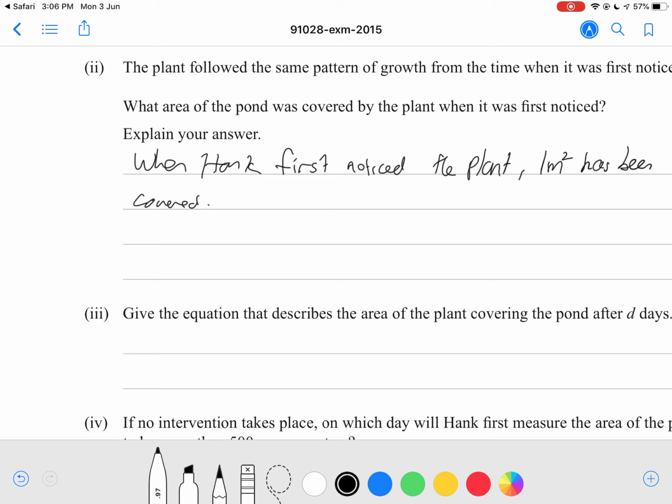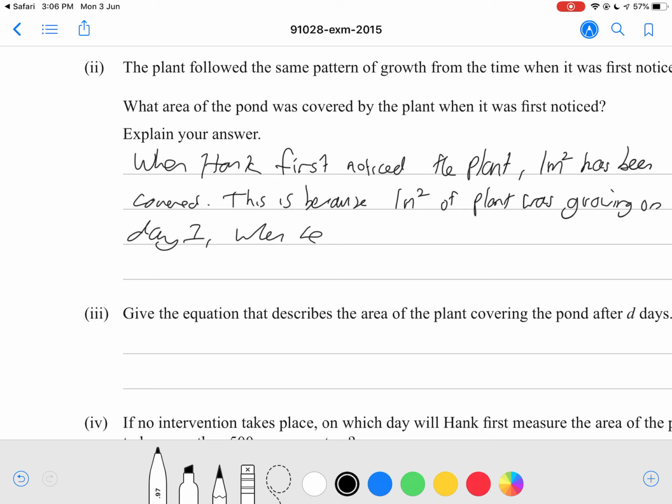We will just say this is because 1 meter squared of plant was growing on day 1, when he first noticed the plant. Okay, so basically that's your answer here.